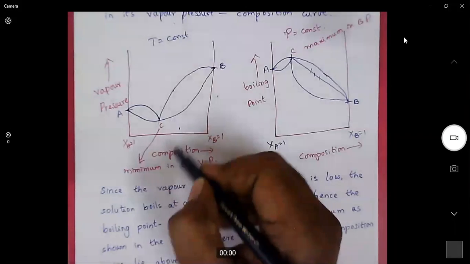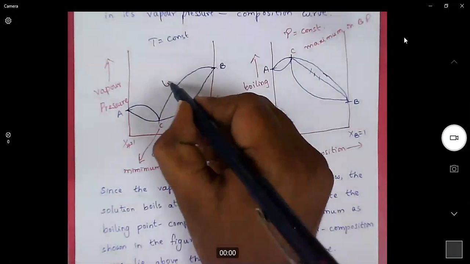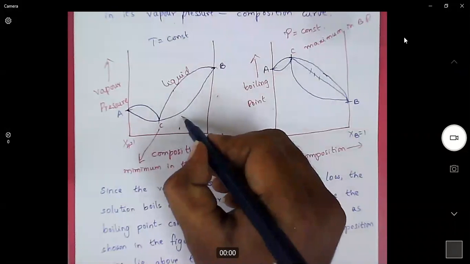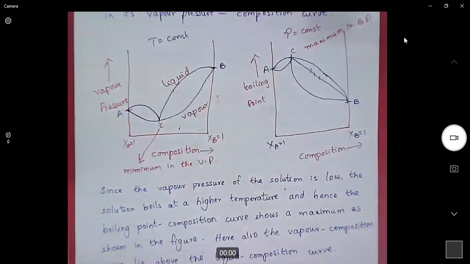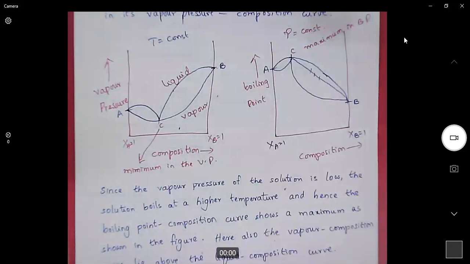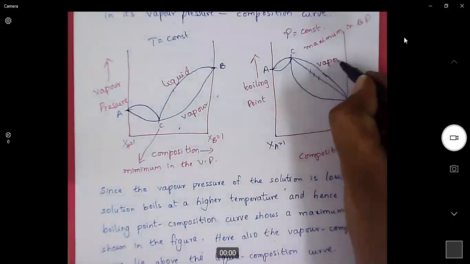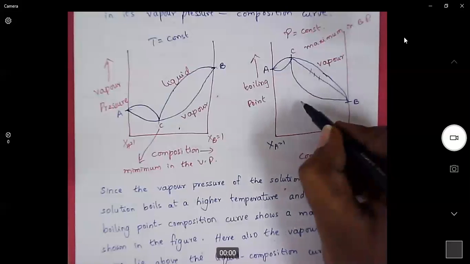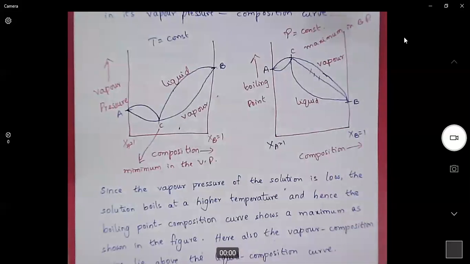Because it is a vapor pressure composition curve, liquid will be in large quantity, so the liquid curve will be the upper curve, the vapor curve will be the lower curve. But when we supply thermal energy, its vapor will increase. So that is why in a boiling point composition graph, the vapor curve will be the upper curve, the liquid curve is the lower curve.